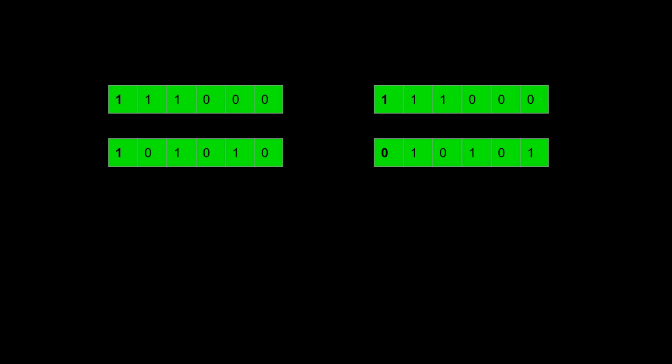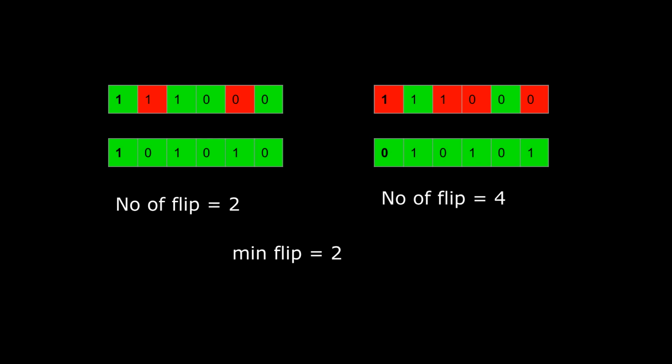Here we have two possible alternating binary strings, and we are going to compare the given binary string with them. With the first alternating string we have to do two flips, at the first index and the fourth index, and with the second alternating string we have to do four flips. So the minimum number of flips is going to be 2 here.